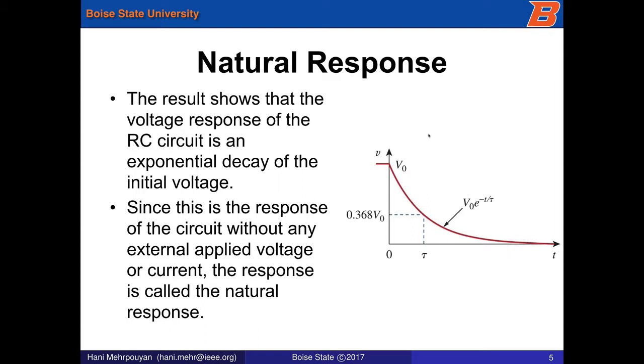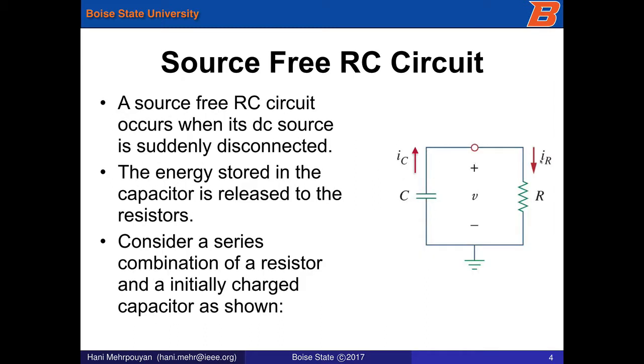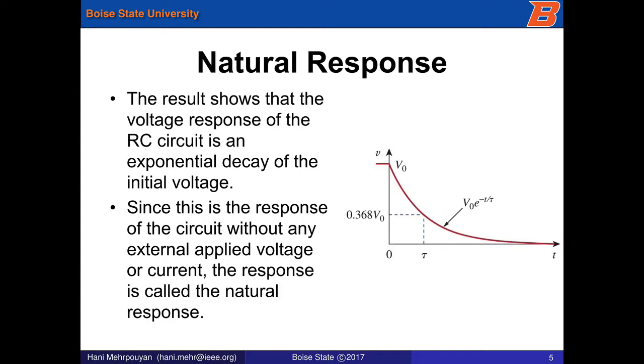If we look at the voltage across the capacitor, we'll notice that this voltage is equal to the voltage across the resistor. The voltage across the capacitor is declining with time. We expect that, right? Because the potential is being dissipated through the resistor.